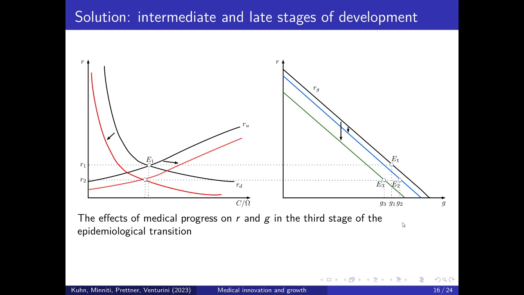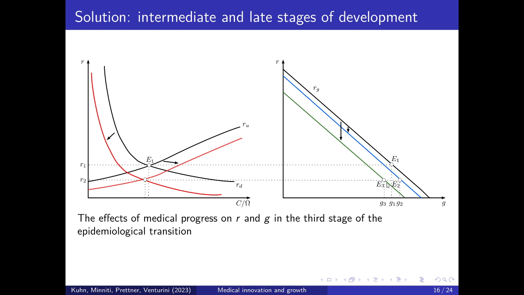And here we again argue that in earlier stages of the third stage of the epidemiological transition, basically, or in intermediate stages of development, the RG curve only shifts slightly because there we still have kind of the cardiac revolution and reductions in mortality at working ages and so on and so forth. But the more an economy develops and the later we get in the epidemiological transition, the more and more resources the healthcare sector would require and the more and more the RG curve will shift downwards.